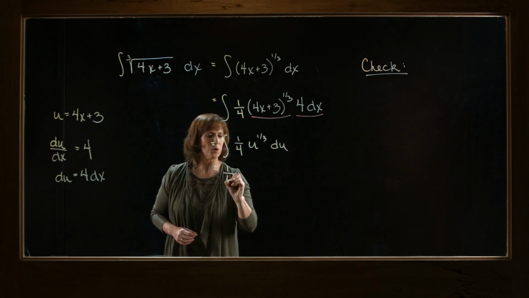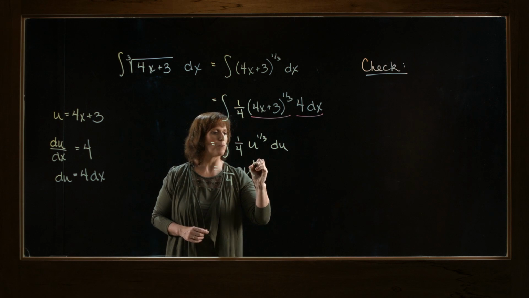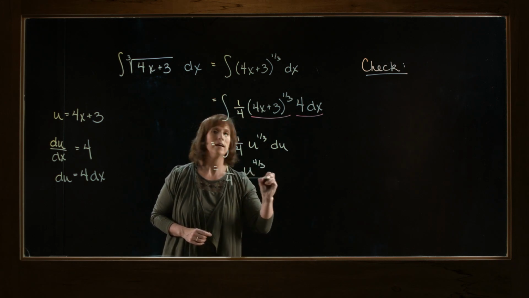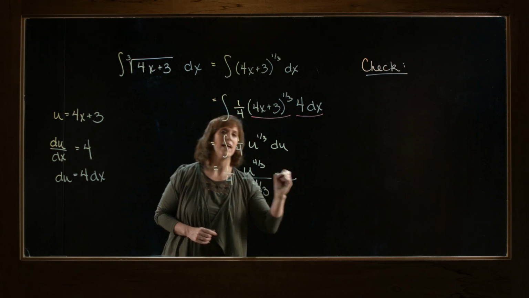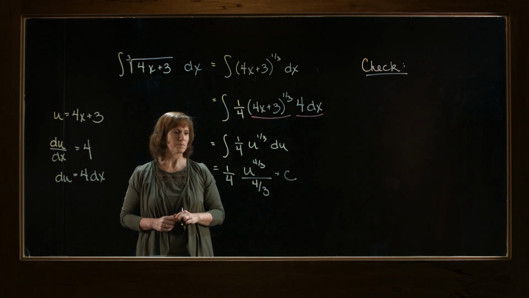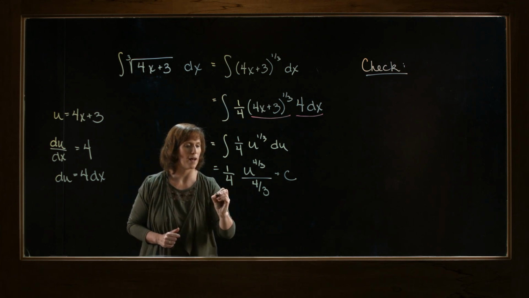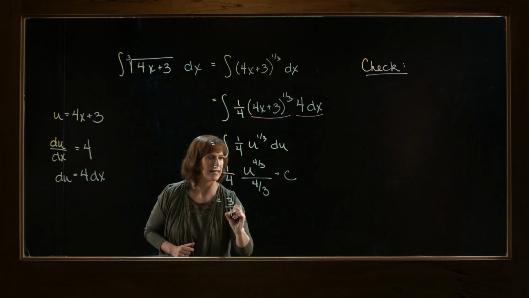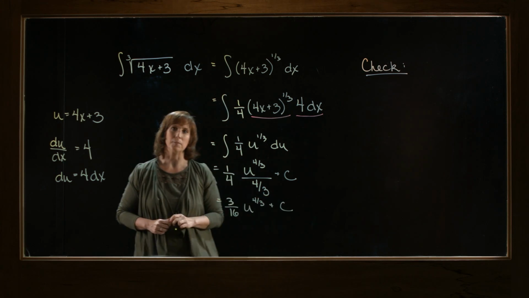So I'm going to pull out the 1/4 and use my power rule. I'll add 1 to the exponent, that's the 4/3 power, divide by the same number, and then I have my constant of integration. With a little simplification here, I'm going to invert and multiply, so I have 3/16 u to the 4/3 plus c.